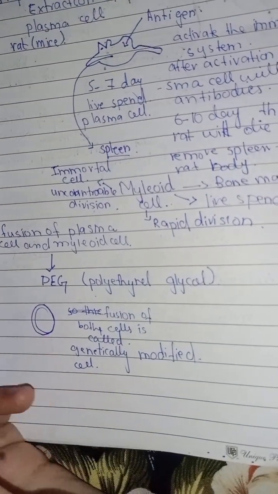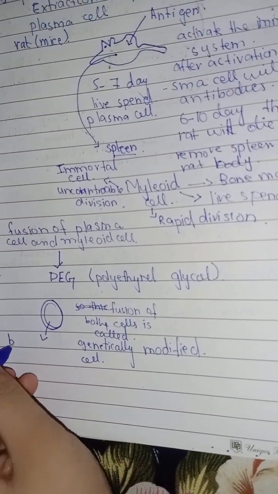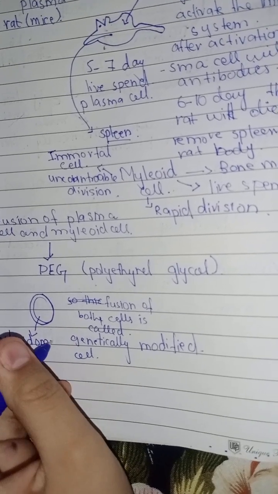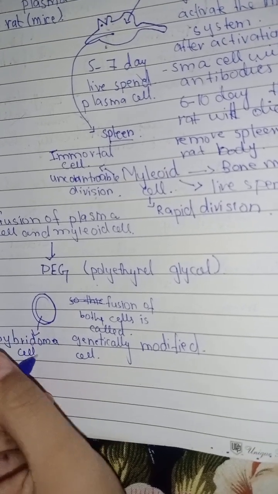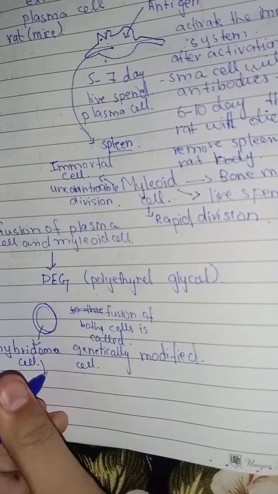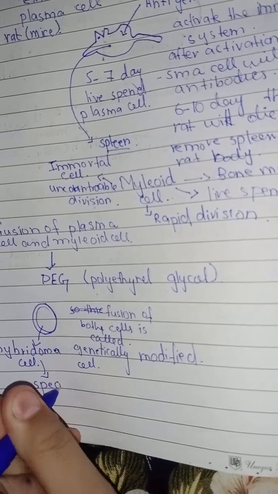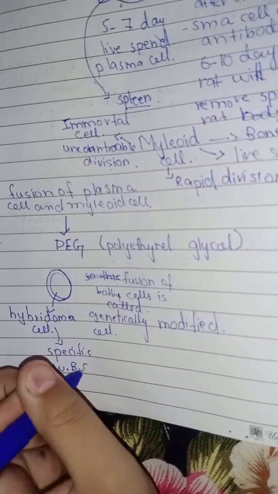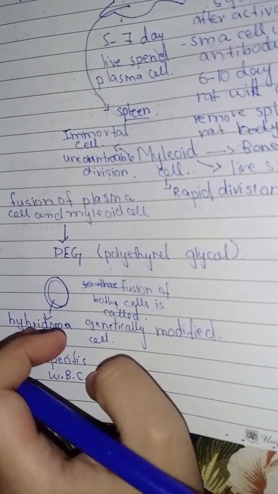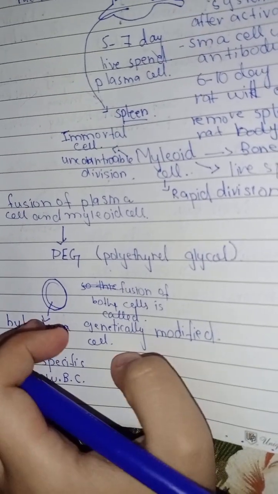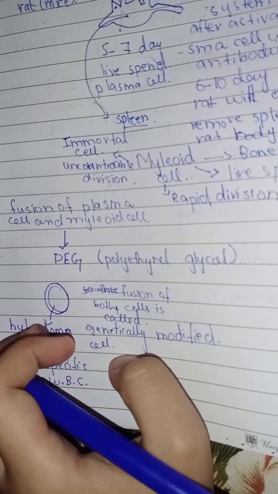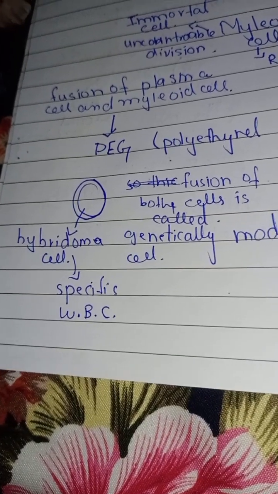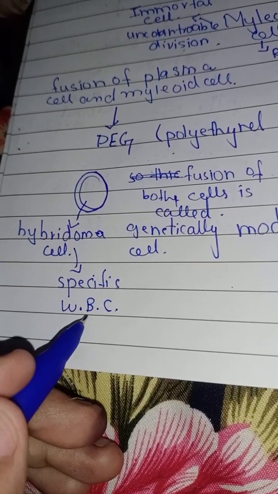Or you can call this a hybridoma cell. This is one type of specific white blood cell. Okay, so now what will happen here? Here mitosis division will happen.